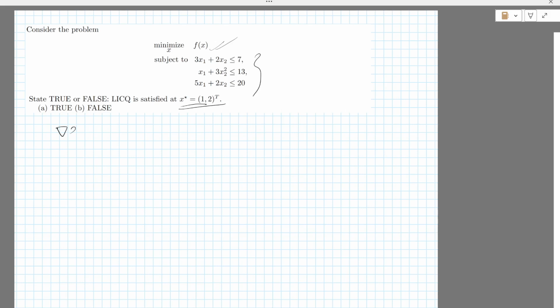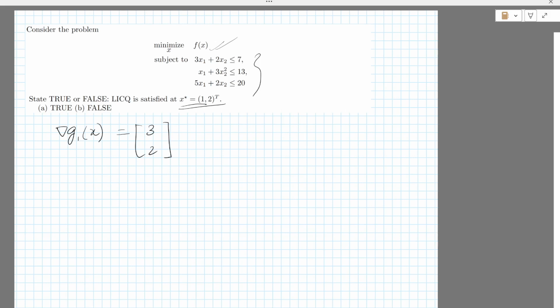So let me look at the gradient of the first function, which is (3, 2). This is the gradient. Okay.